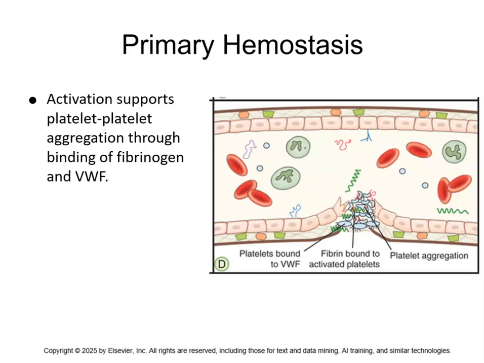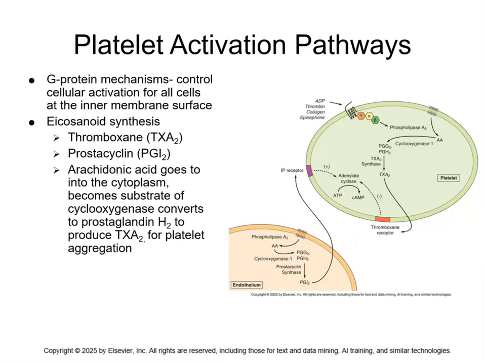So once the platelet is activated and all the aggregation comes in, the fibrin will go through, because now secondary hemostasis is coming in. The fibrin will go through all the platelets that have been activated and done their little shape change. So we get a nice, stable, strong platelet plug.